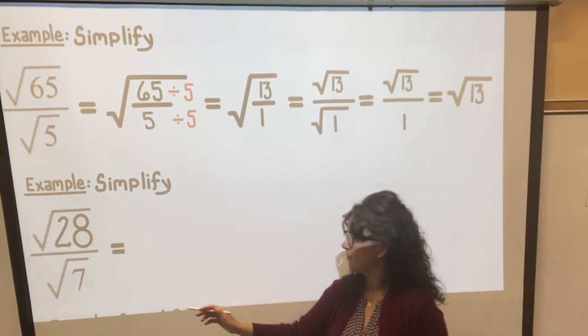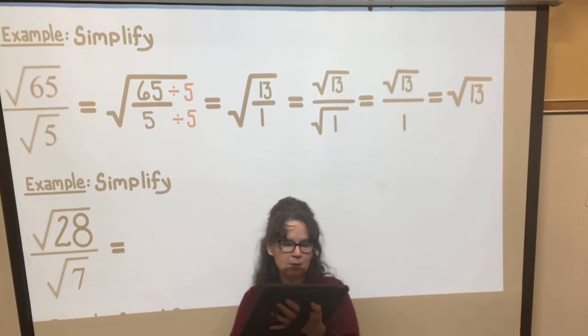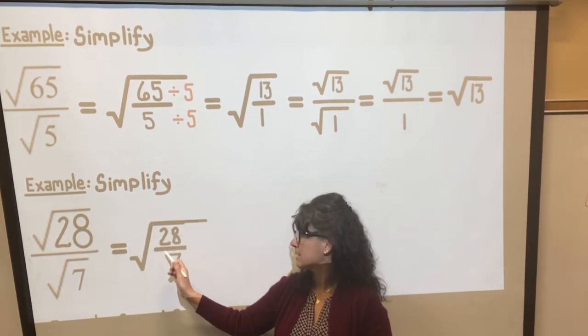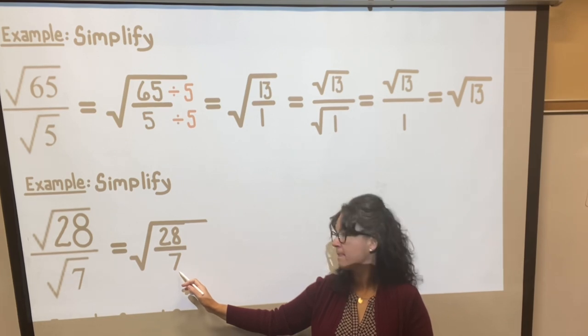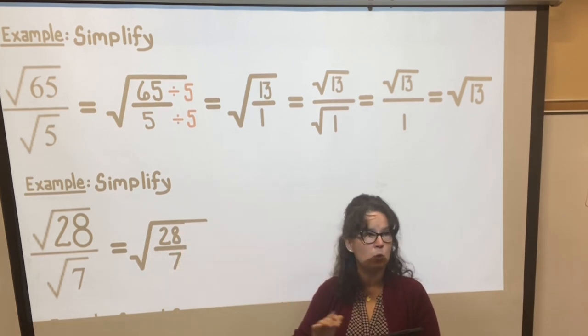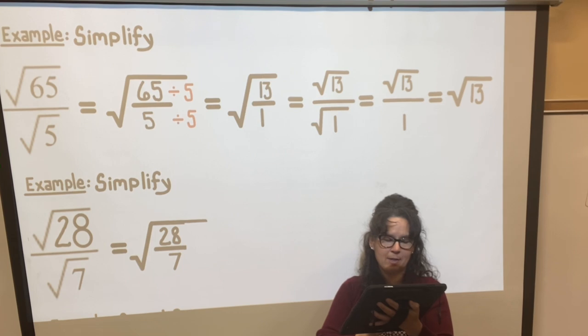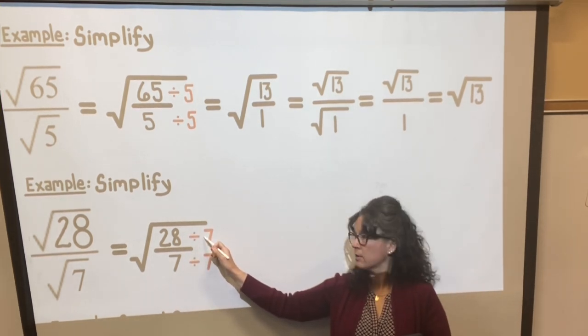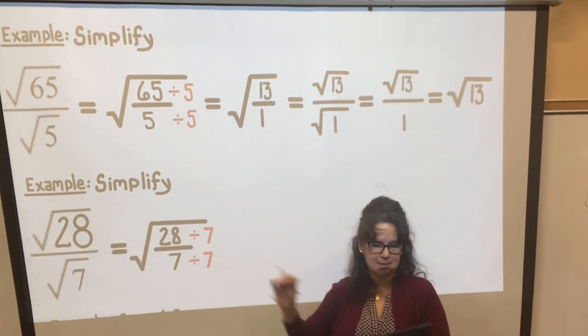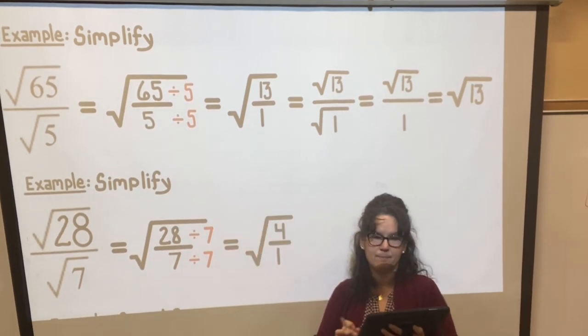Okay, so here I'm going to put them underneath the same square root. Simplify this fraction. 7 fits into both 28 and 7. 28 divided by 7 is 4, and 7 divided by 7 is 1.